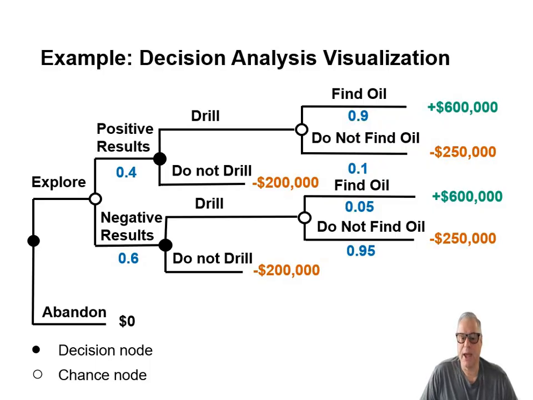The same could happen if you received a negative result after exploration and you drill, but then the probability of finding oil is only 0.05 and not finding oil is 0.95.